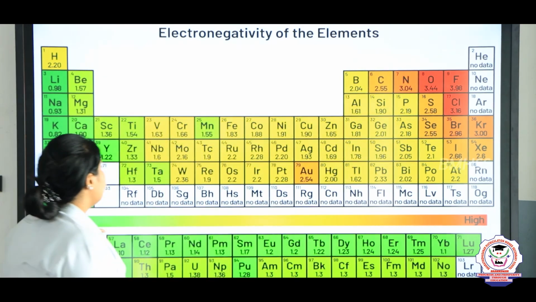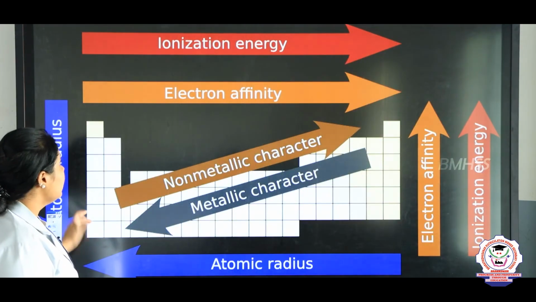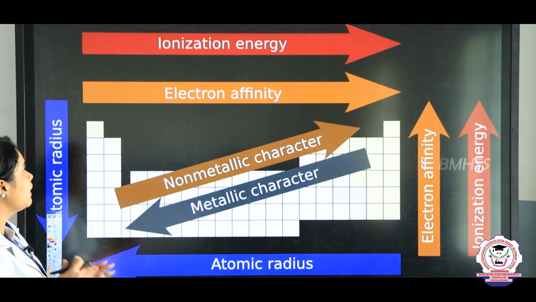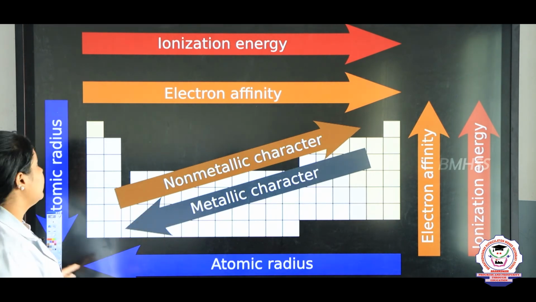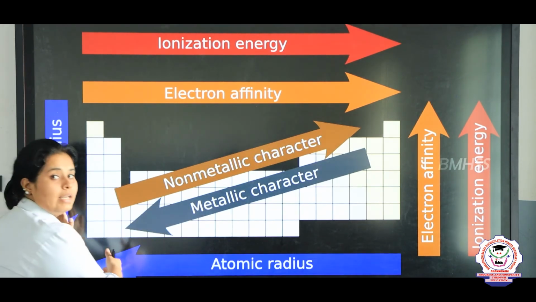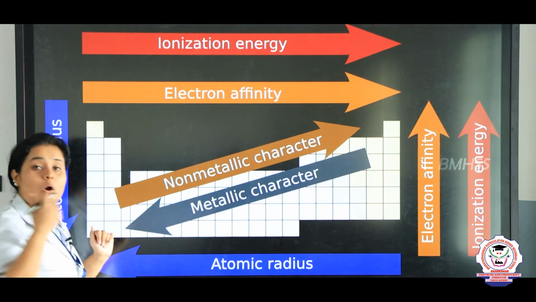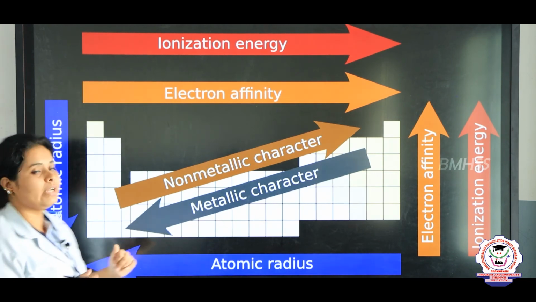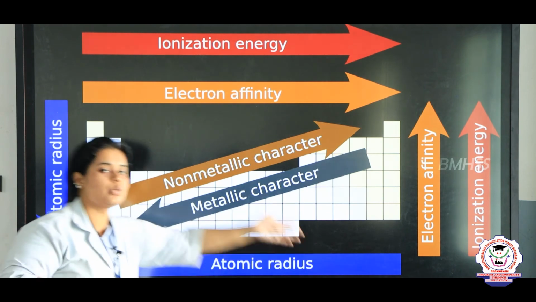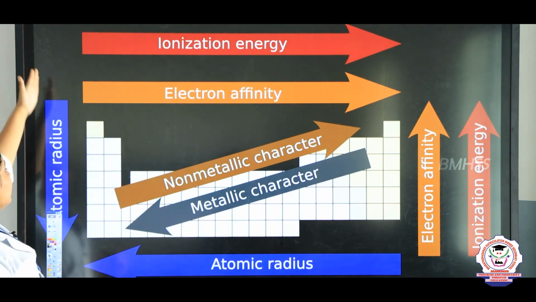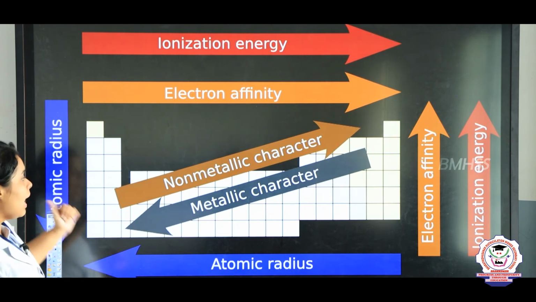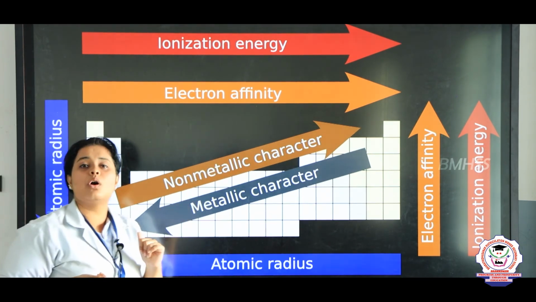Okay? Yes. So now let's do the recap of this lesson, children. In this lesson we have seen that ionization energy increases from left to right, and it also increases from down to top. Same way, atomic radius increases from right to left, and it also increases from top to bottom. And the metallic character is also shown here.